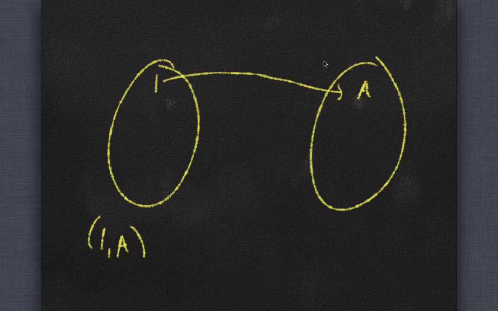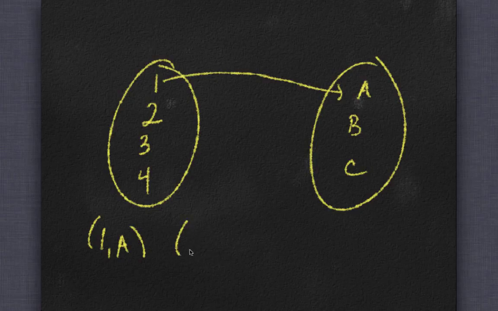So in a relation, 1 can have all the arrows that it wants. But in a function, let's pretend that this is like a competition and everybody only gets 1 shot. So if I had 2 arrows coming from 1, so I also had 1B, then 1 cheated. It shot 2 arrows, and that's bad. So because 1 appeared 2 times in the ordered pair, that means it shot twice. So it's not a function.